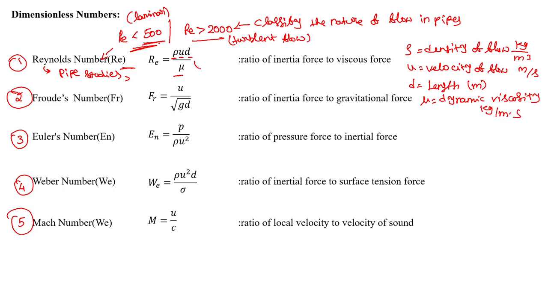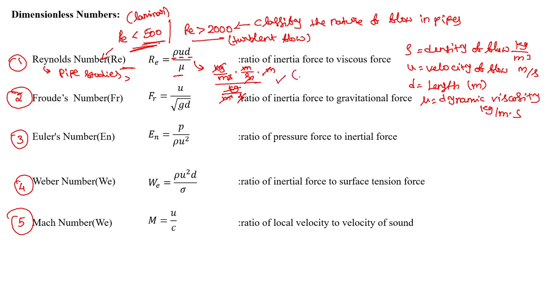If somebody calculates the units of this Re, it will be zero only. Let's do that. Kg per meter cube into meter per second into meter divided by kg per meter second. So kg gets cancelled, meter gets cancelled, second gets cancelled.